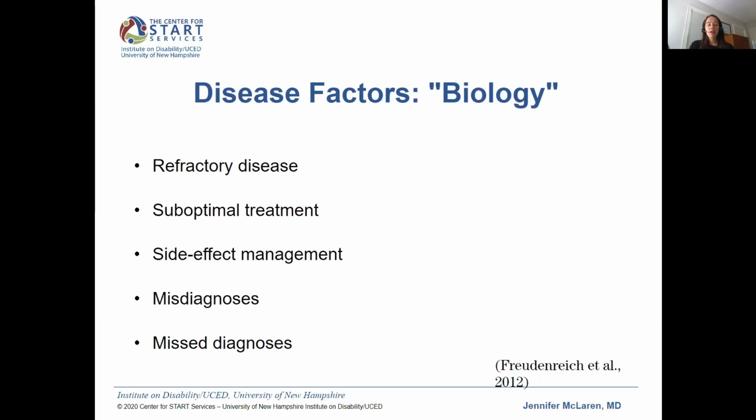What about side effect management, right? Is the individual being treated with multiple medications to manage the side effects of the other medications? So, for example, individuals on antipsychotics may have weight gain, and then they may be started on another medication for weight gain, and they may have restlessness, and they may be started on another medication to manage the restlessness.